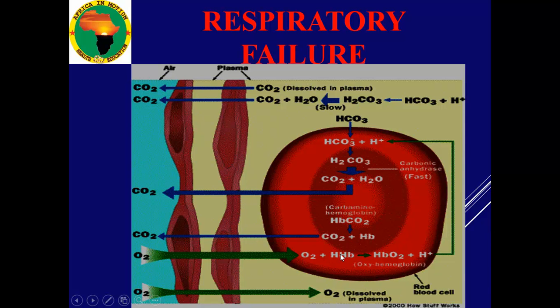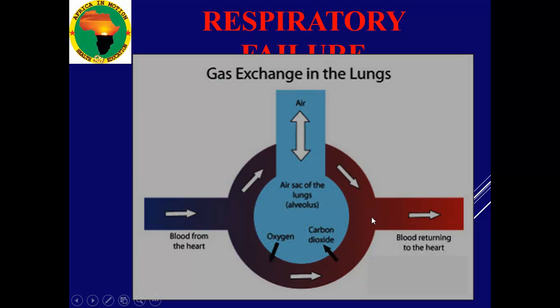Then it captures this oxygen. That's why people who are anemic will have shortness of breath, because they don't have enough hemoglobin to capture enough oxygen.